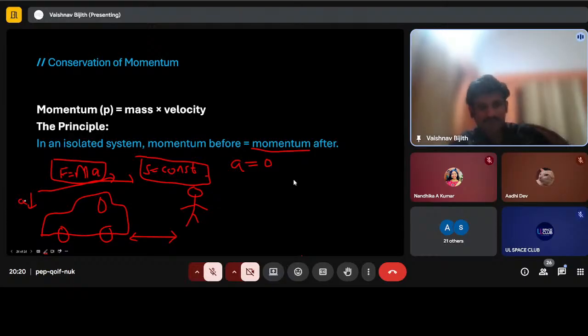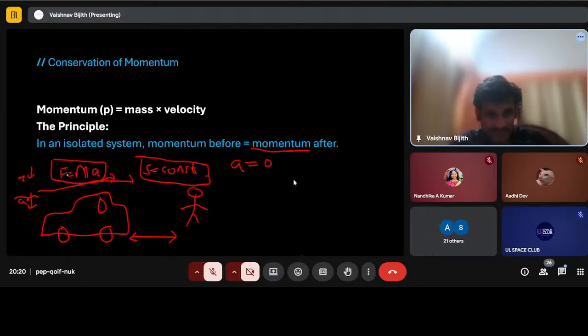And what happens when the acceleration changes? So let's just say that the speed decreases for a very small instant. When the speed decreases, the acceleration also decreases, and that is called negative acceleration.